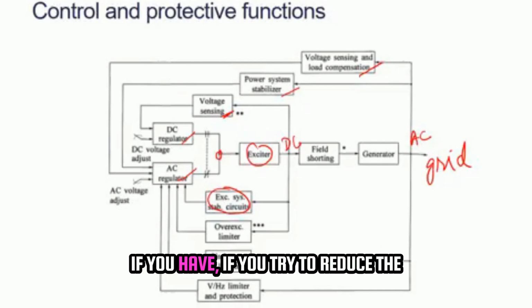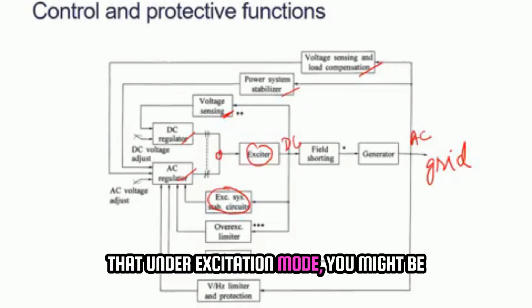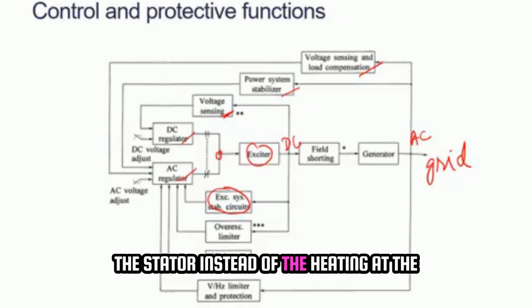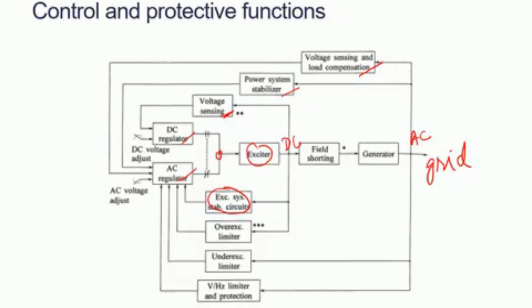If you try to reduce the voltage and absorb more reactive power in the under excitation mode, you might be heating the core of the rotor or the core of the stator instead of heating at the coils. So in the under exciter, the heating happens at the core of the rotor.